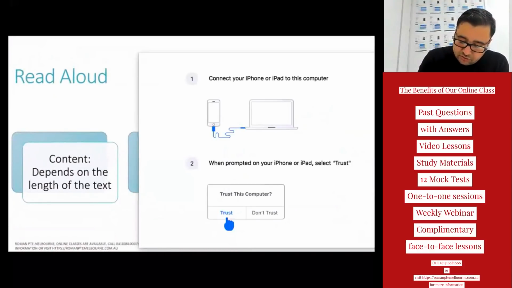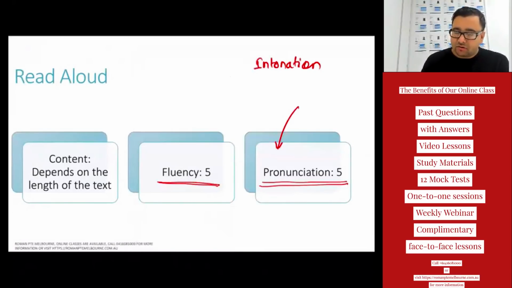make sure there is intonation in your voice, which means your voice is going up and down, like the tone is changing. You're stressing on the important words as you are speaking.